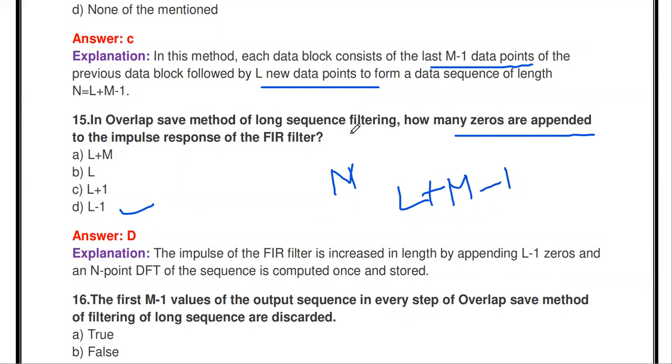In order to perform the circular convolution of the sectioned input with the impulse response, both sequences must have the same length. That's why the impulse response is appended with L minus 1 zeros, if the impulse response has M samples.